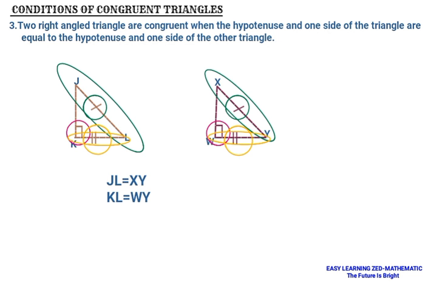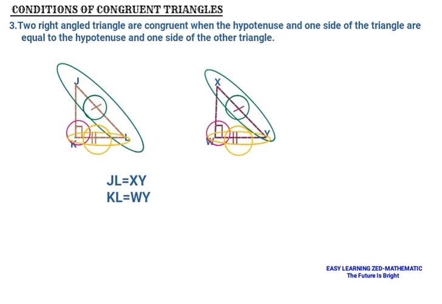So as you can see, these two triangles are made of a right angle, and the hypotenuses have the same distance, and one side of this triangle, the lines that are not the hypotenuse, is equal. So therefore these triangles are congruent, because they have got the hypotenuse and one side of these triangles equal.